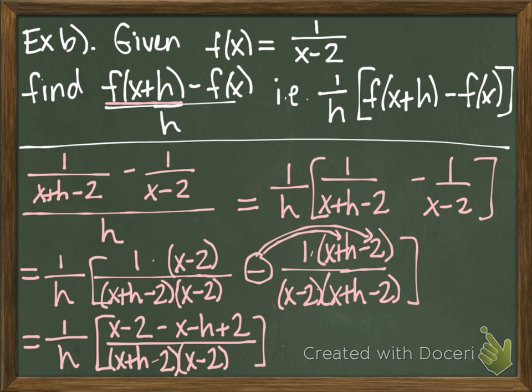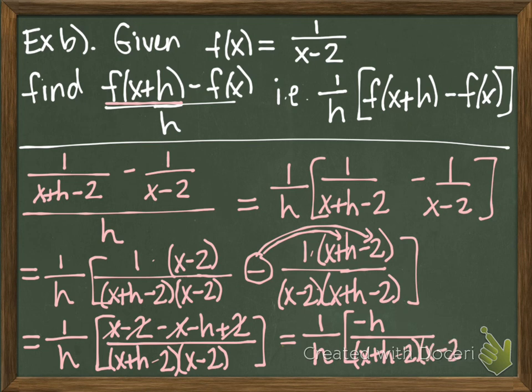Okay, now we can cancel some things. You can see the x is going to cancel, the 2's are going to cancel, and I'm now going to get negative h. I still have the 1 over h out front, and then my denominator is x plus h minus 2 times x minus 2. Okay, we're really close.